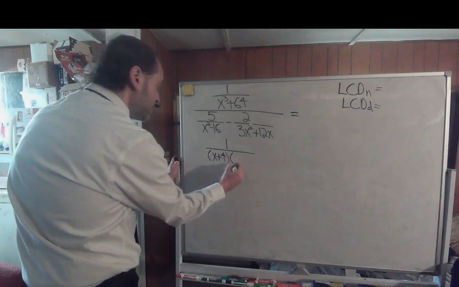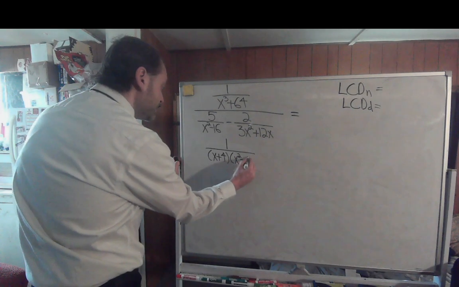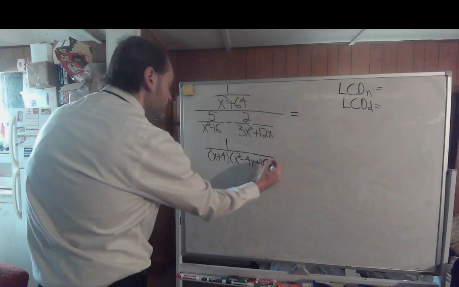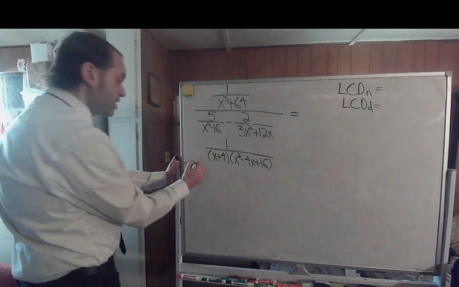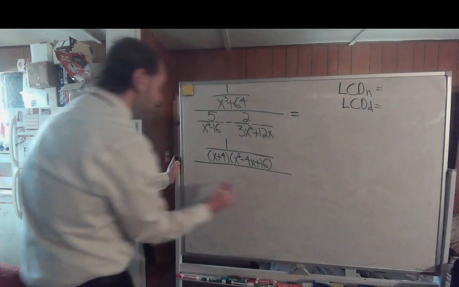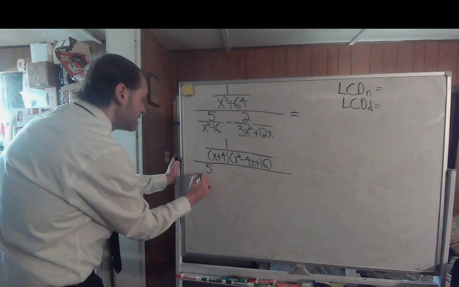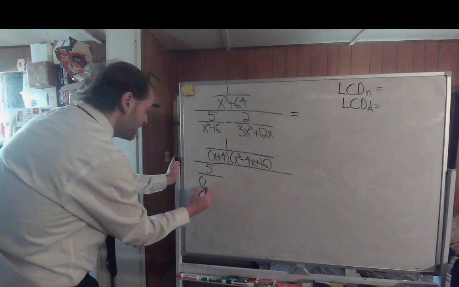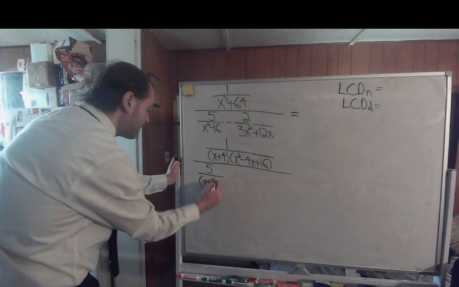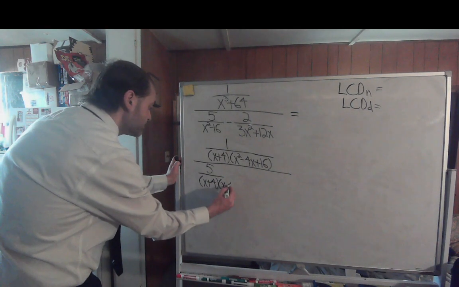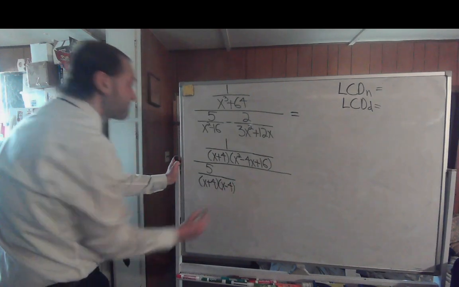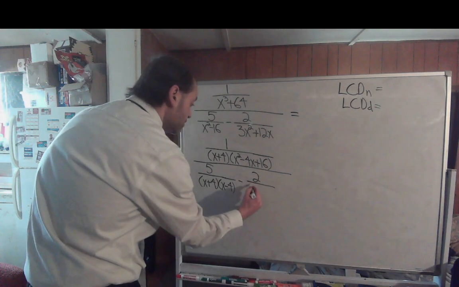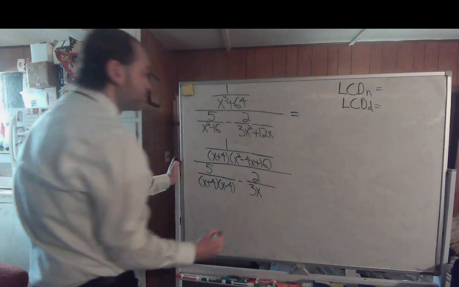Then that would be times x squared minus 4x plus 16 for the numerator, all over your denominator of 5 times 5 all over x plus 4 times x minus 4 minus 2 all over 3x.